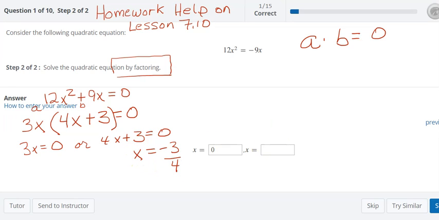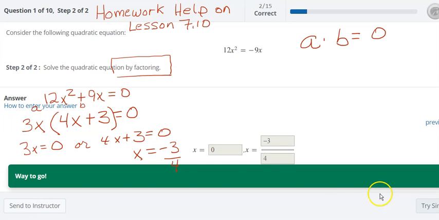And that's what I'll put here. A fraction bar, so negative 3 and a 4. And submit the answer. And we have this one correct.